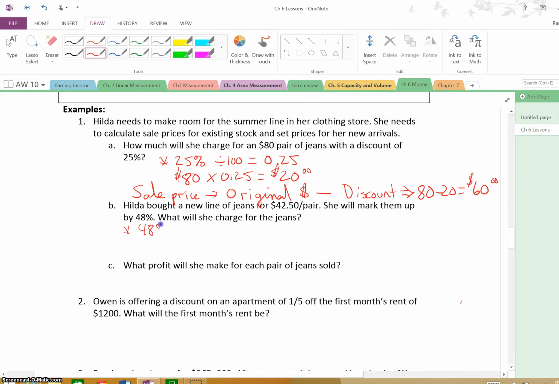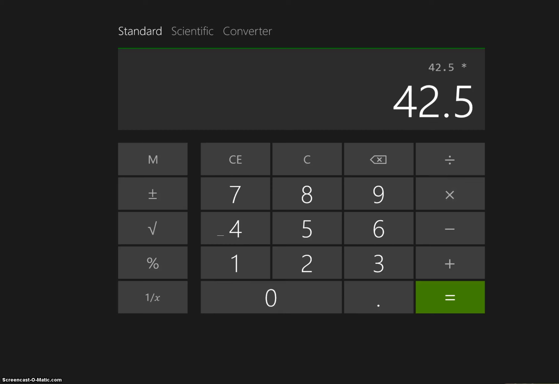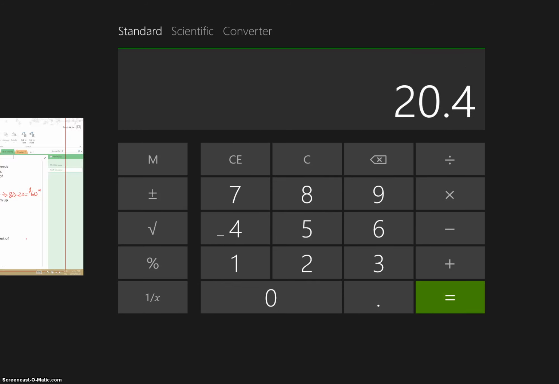I'm then going to take the $42.50 per pair of jeans and multiply it by 0.48. So she's going to add an additional $20.40.